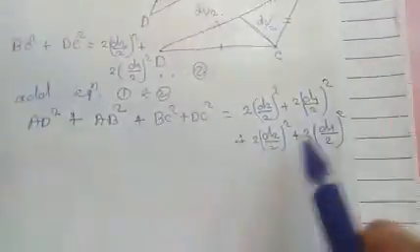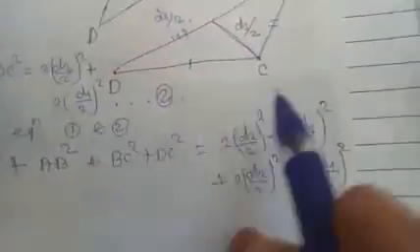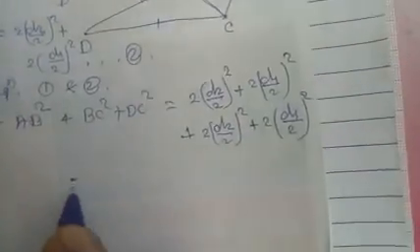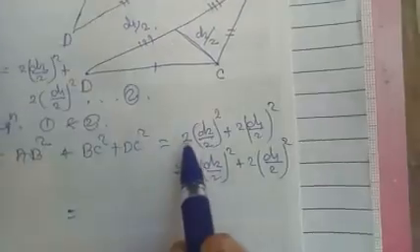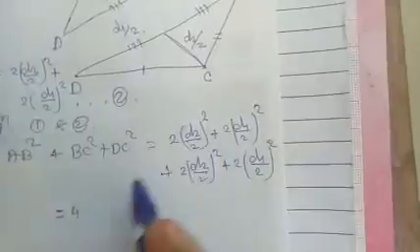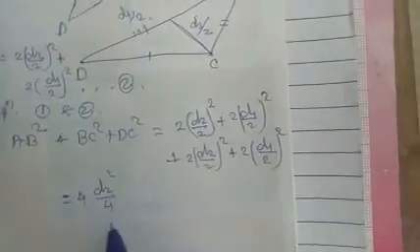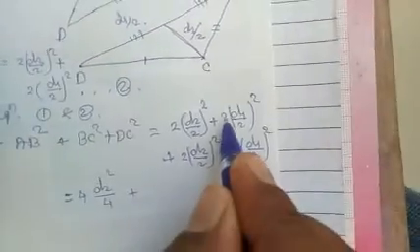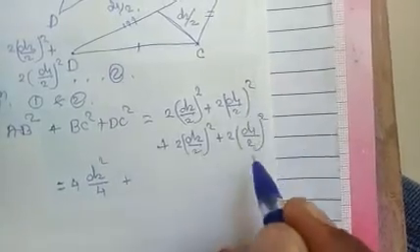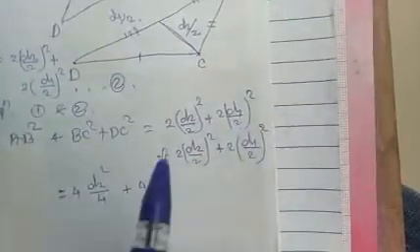So we only have to simplify, because these are all 4 sides of a parallelogram. It is equal to 2 times D2 upon 2 bracket square, 2 times D2 upon 2, it means 4 times, and D2 square as it is, D2 square upon 2 square is 4, plus 2 times D1 upon 2 bracket square, which means 4 times D1 upon 2 bracket square.